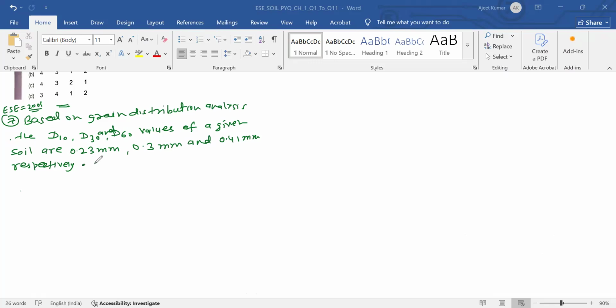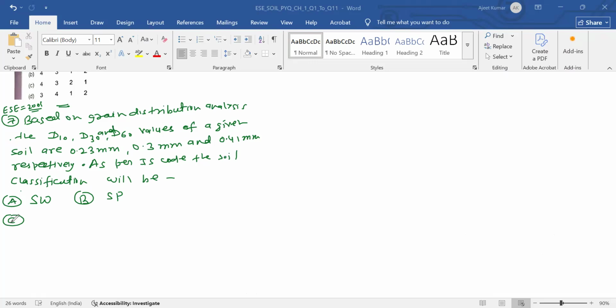As per IS code, the soil classification will be: option A SW, option B SP, option C SN, and option D SC.